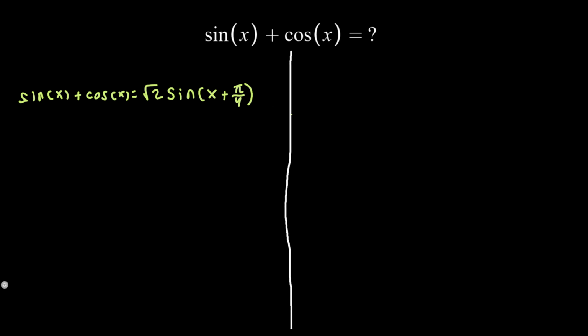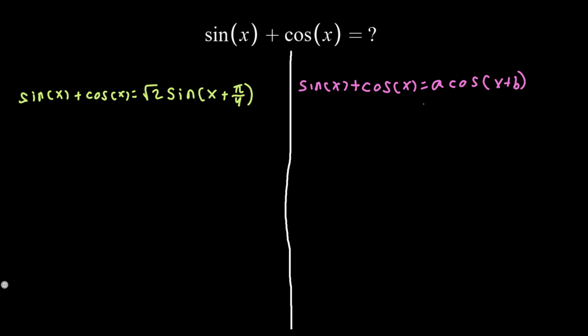So we're going to assume that sine of x plus cosine of x is equal to a cosine of x plus b.